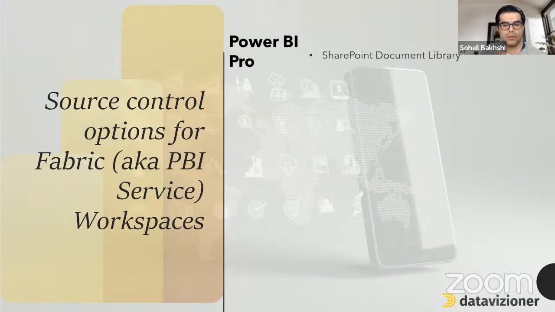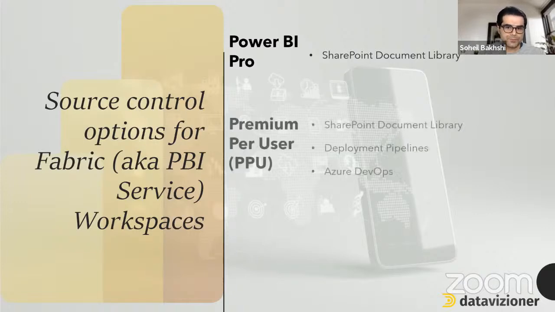It really depends on our licensing plan. Unfortunately, for Pro, we do not have a lot of options. The only option is the SharePoint document library, which, as I showed in the previous slide, only supports version control. There is no proper source control on it.